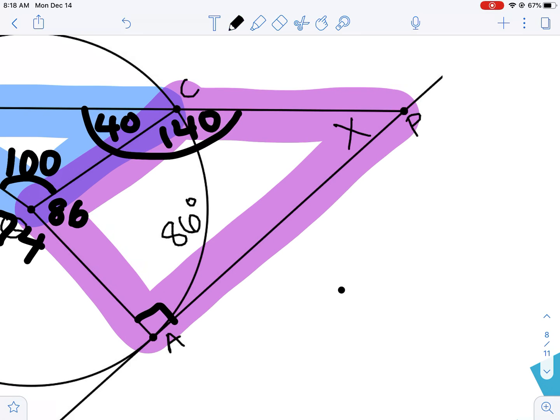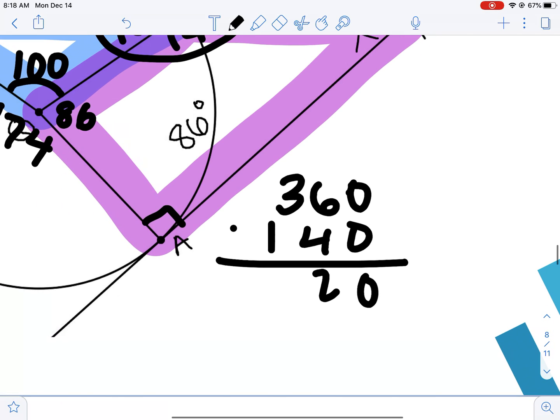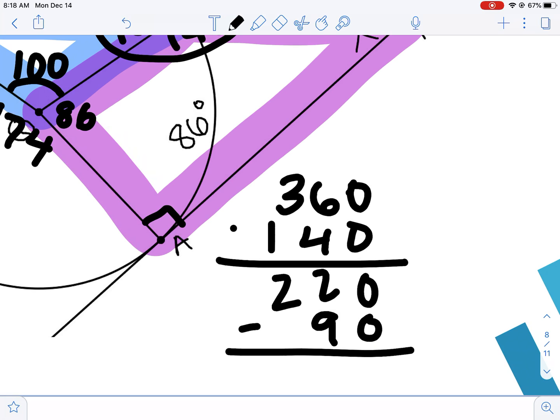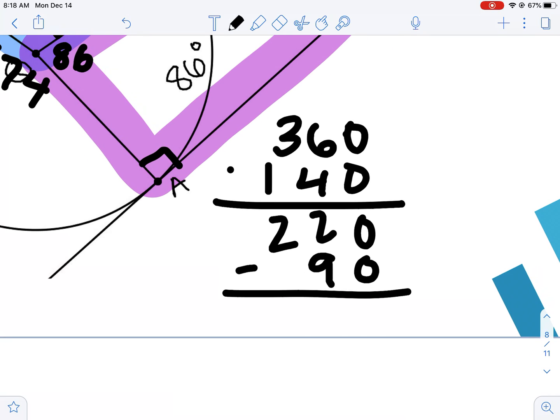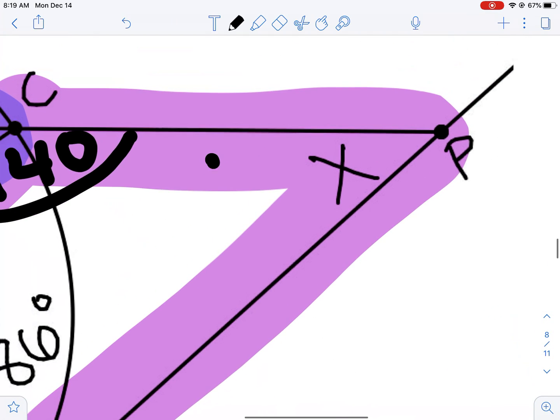I don't know what kind of quadrilateral, but I do know that every quadrilateral adds up to 360. So I can do 360 minus my 140, and I'm at 220, minus the 90 degrees that we found, and I'm at 130, minus 80 will put me at 50, minus 6 more puts me at 44 for x.